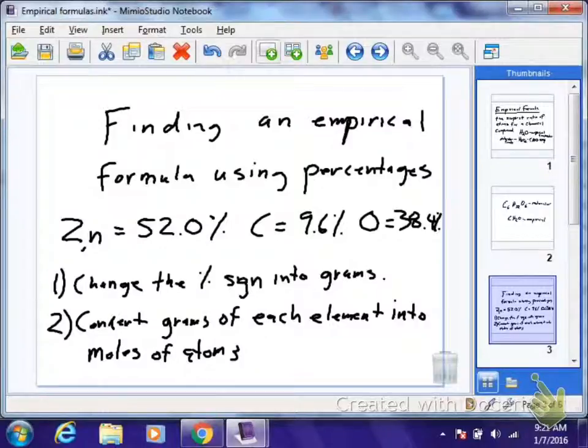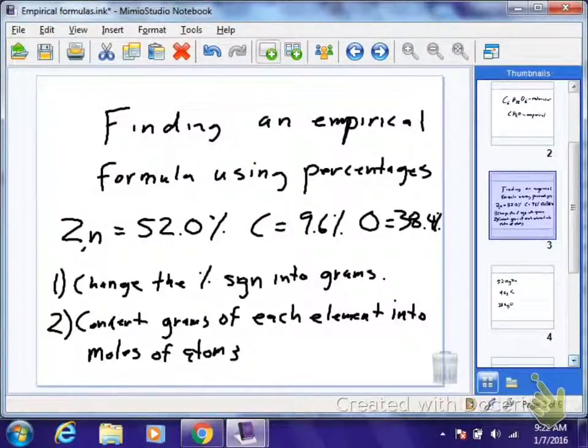So write that out and then we'll have you do that on your paper. We'll have you change the percents to grams, and then make each one of those grams represent a number of moles of atoms for each element by converting each one into moles. Once you have that slide down, we'll have you do those conversions.